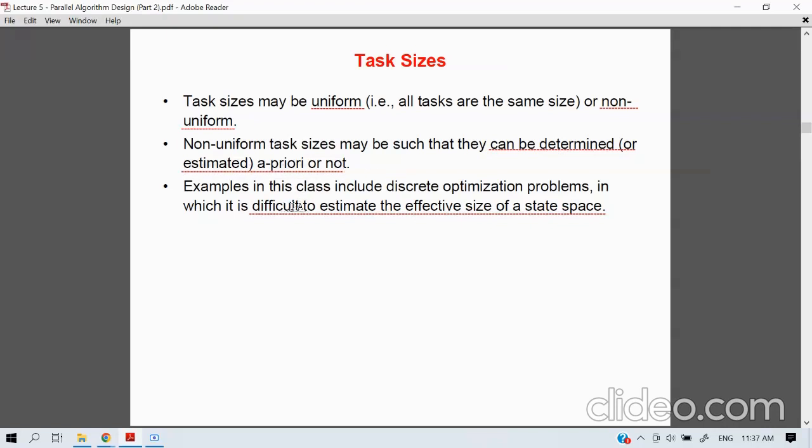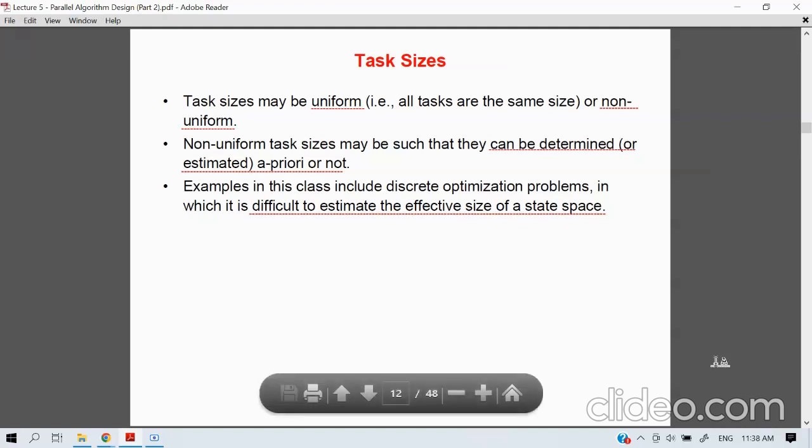For example, this includes discrete optimization. When we deal with optimization problems, we sometimes cannot identify or do not know the size of the task that we want to decompose. So it is difficult to estimate the effective size when we want to do the concurrent process, right?